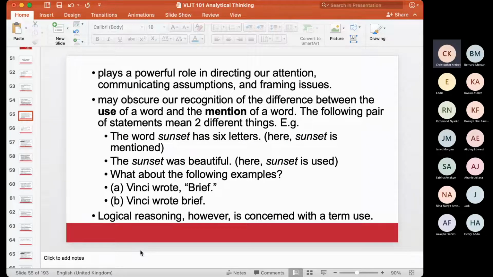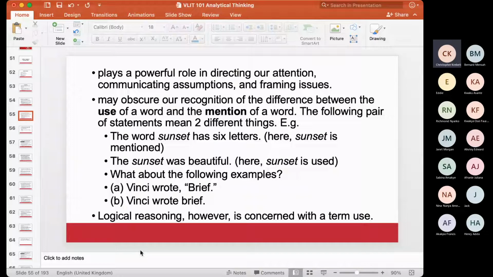It means that what Vinci wrote is the word brief, so it has no significance to pay so much attention to. But in the second one, Vinci wrote brief to show that the content of what Vinci wrote was brief. It is not that Vinci was writing the word brief, but that whatever Vinci wrote was not much, was brief.